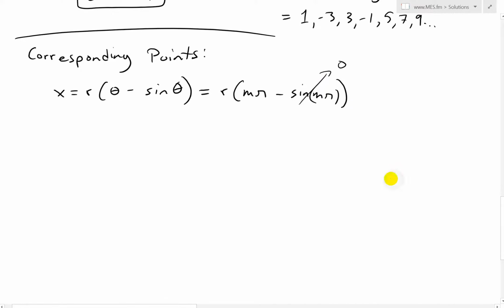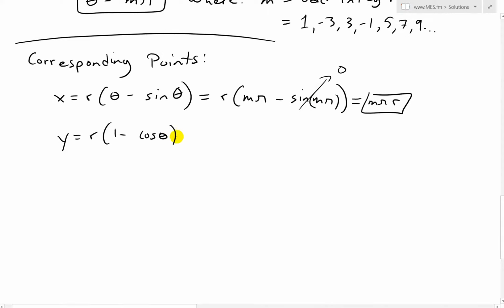So what we're left with is m pi r, where again m is just an odd integer.